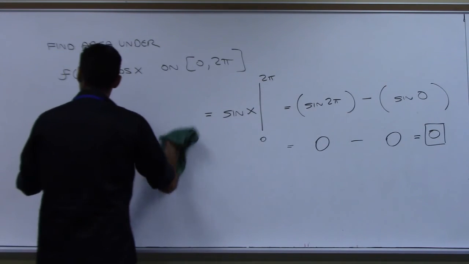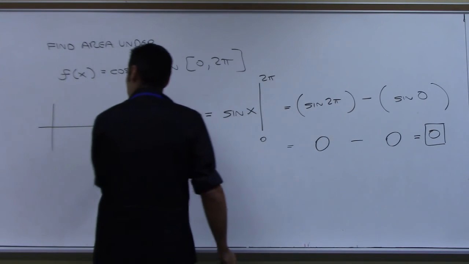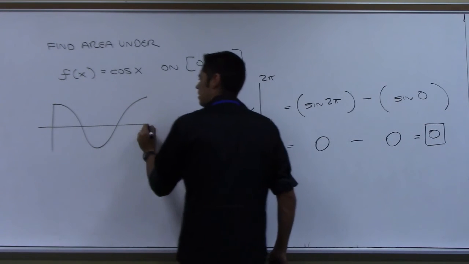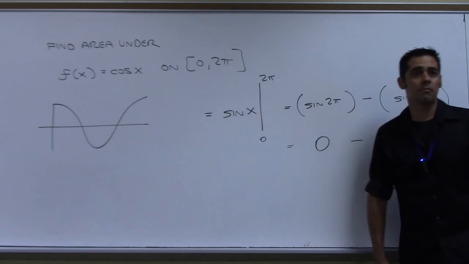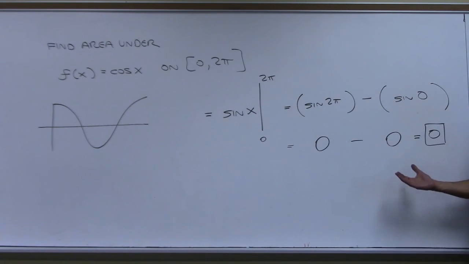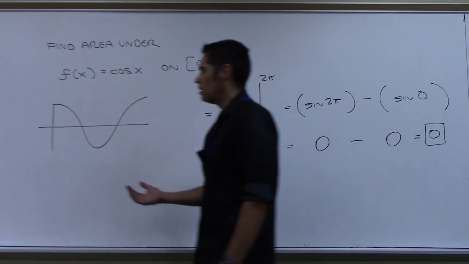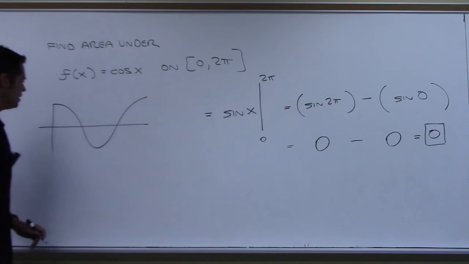It does, doesn't it? Let me graph it. That's what cosine looks like. So why is this telling me 0? It cancels out.